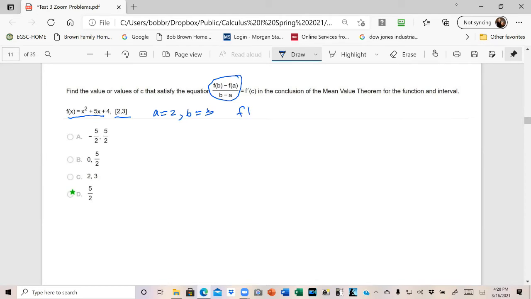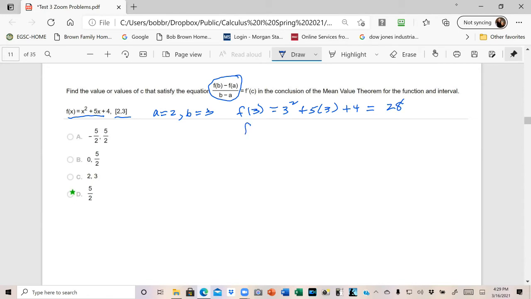Alpha of 3, if you plug it in, you get 3 squared plus 5 times 3 plus 4, equal 28 if you add it all up.